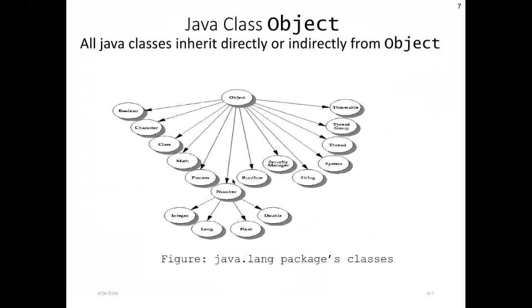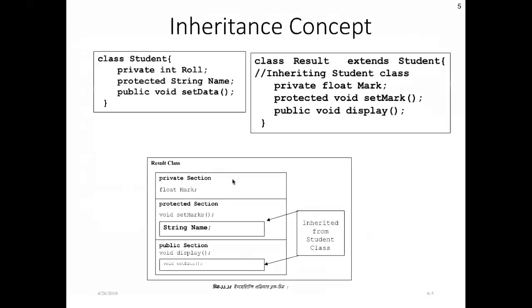Okay, so that means when you declare a class, it is optional that my class says class student extends object. So by default, whether I say it or not, my class student implicitly extends what class?